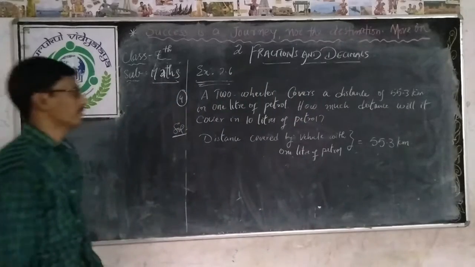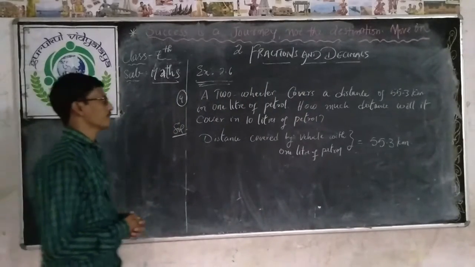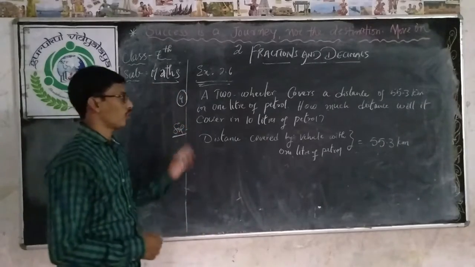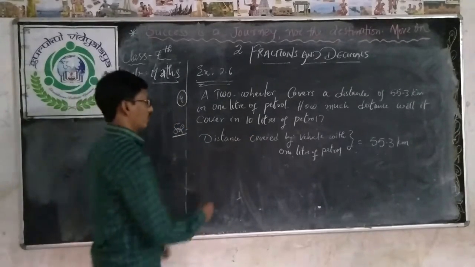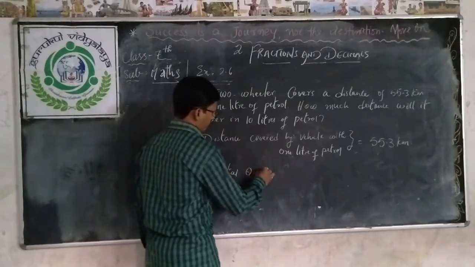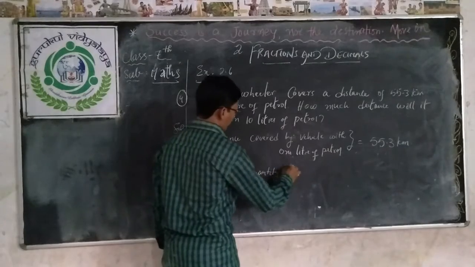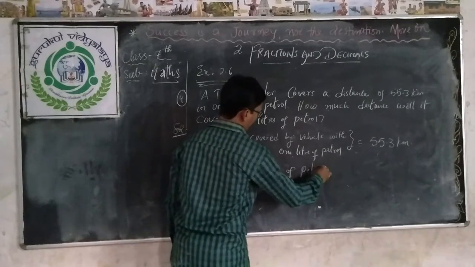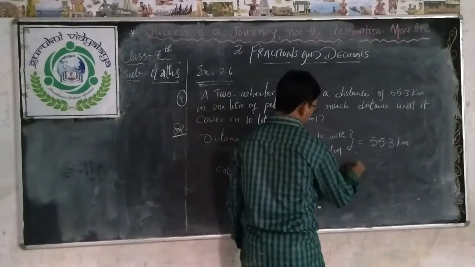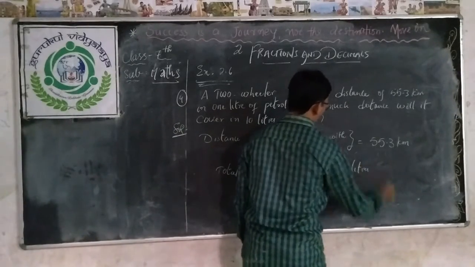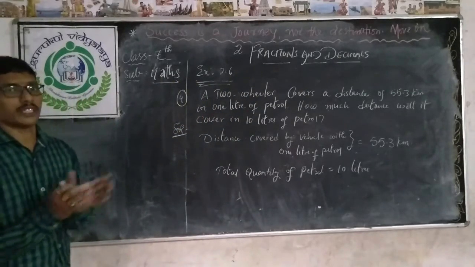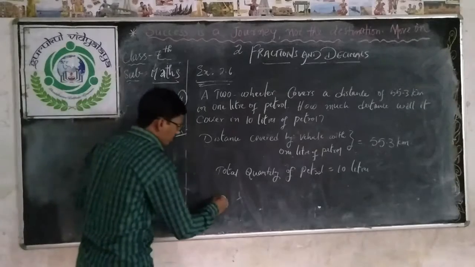Very easy to frame the sentences, children. How much distance will it cover in 10 liters of petrol? So the total quantity of petrol, how much is it? Now write it. Total quantity of petrol: 10 liters.